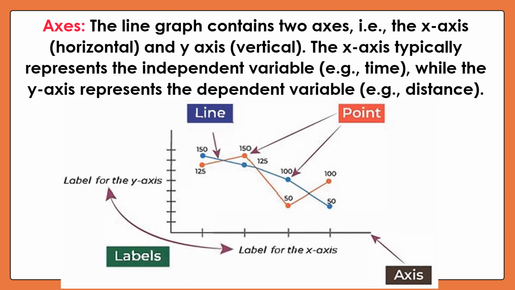The line graph contains two axes. Example, the x-axis or the horizontal line and y-axis, the vertical line. The x-axis typically represents the independent variable, example, time, while the y-axis represents the dependent variable, example, distance.